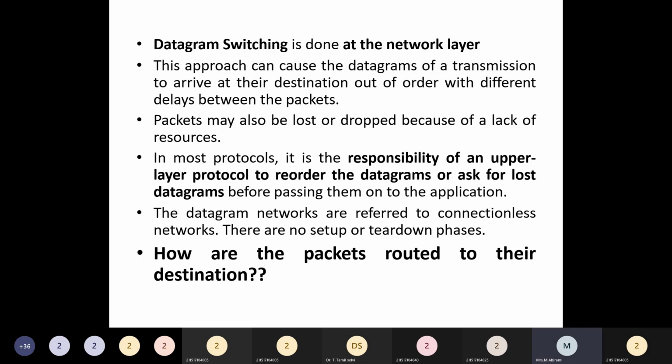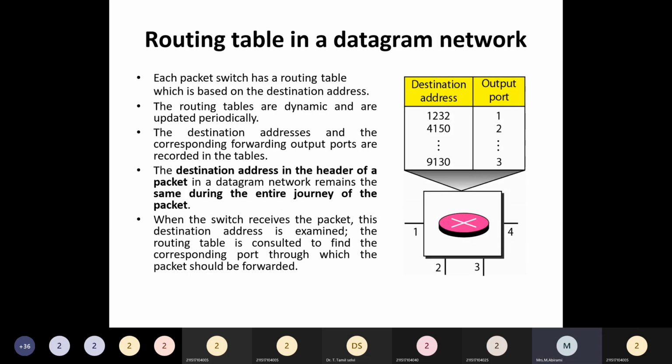It is purely connectionless data. The data is divided into packets, from one to many. How are the data packets routed to their destination? Using a method called the routing table.